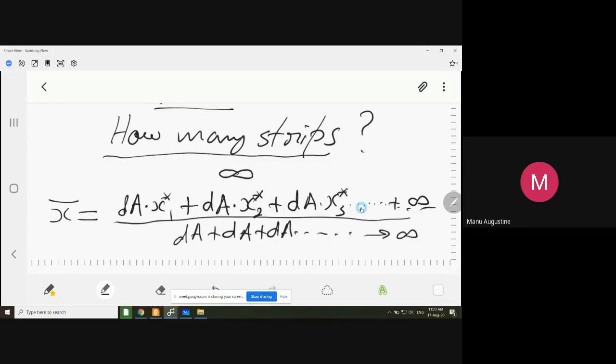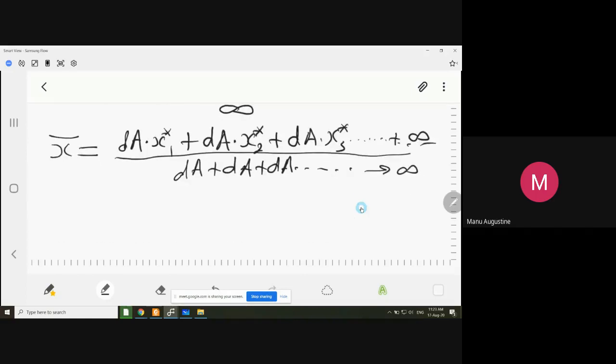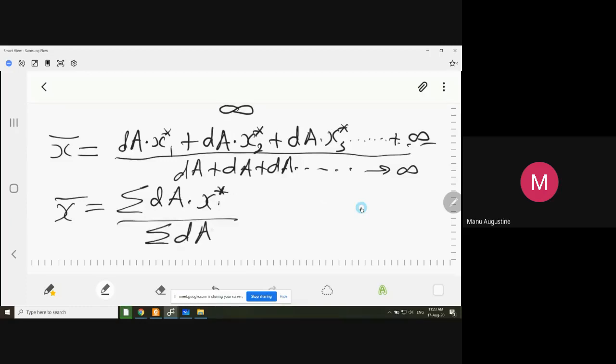Till infinity. So whenever a case like this comes up, instead of using the summation sign, which we have been using till now, summation of all dA x star whole divided by summation of dA, instead of using this formula, we replace this summation with an integration symbol.